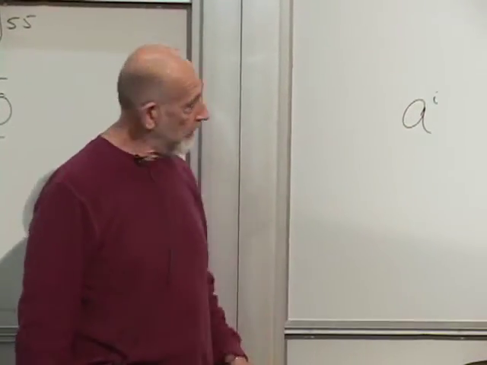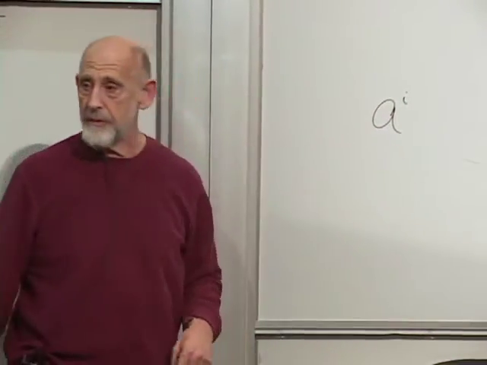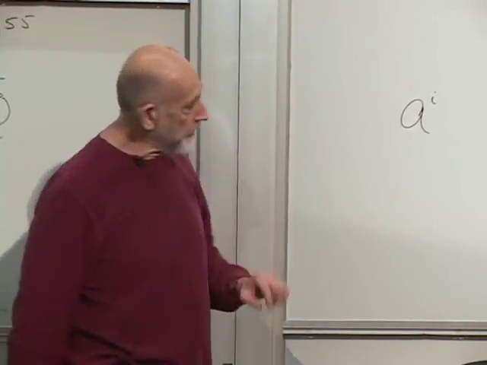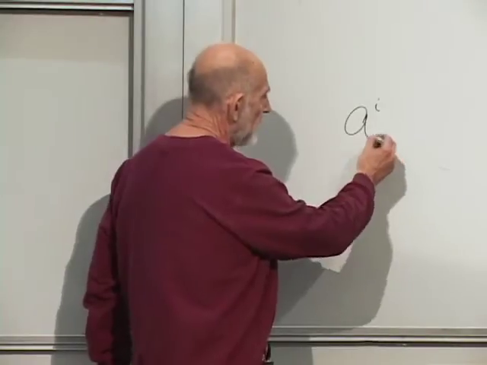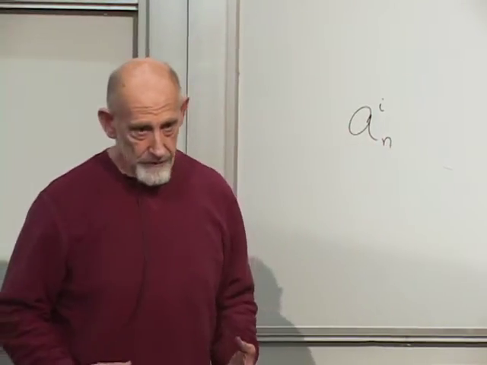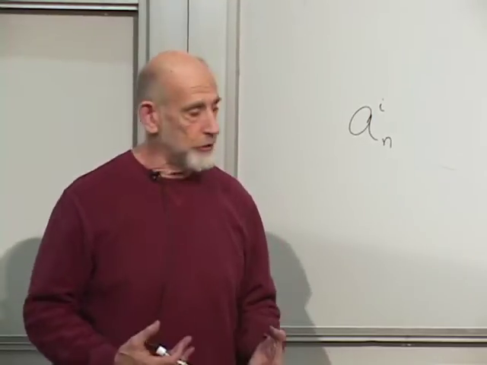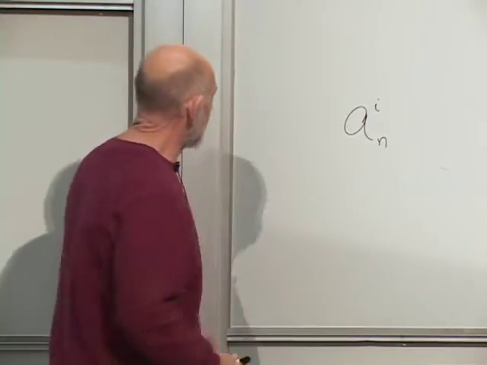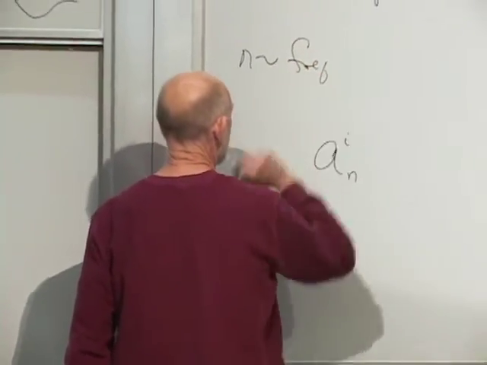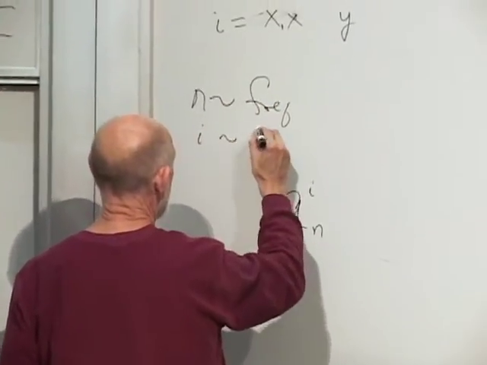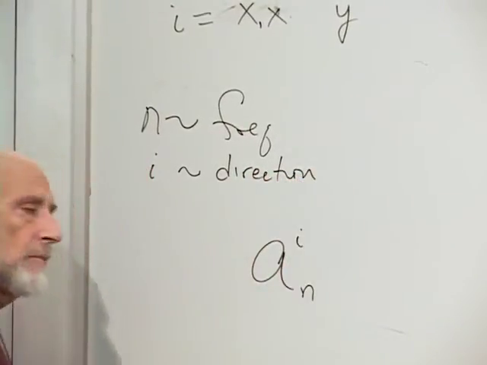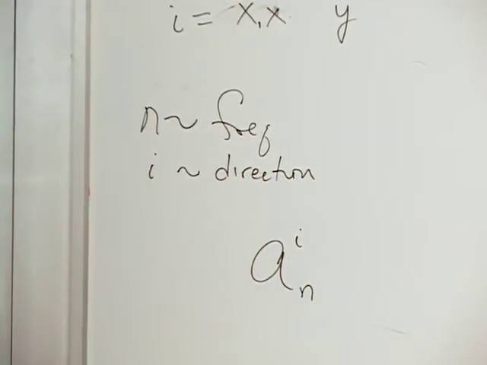Now, what's the other index that it depends on? The frequency of the oscillator. And that was an integer, and it tells you how much energy, when you create one of these oscillations, creates an energy proportional to n. All right, so n is related to the frequency. I is related to direction in space. And one more thing. You remember what it was? For closed strings.